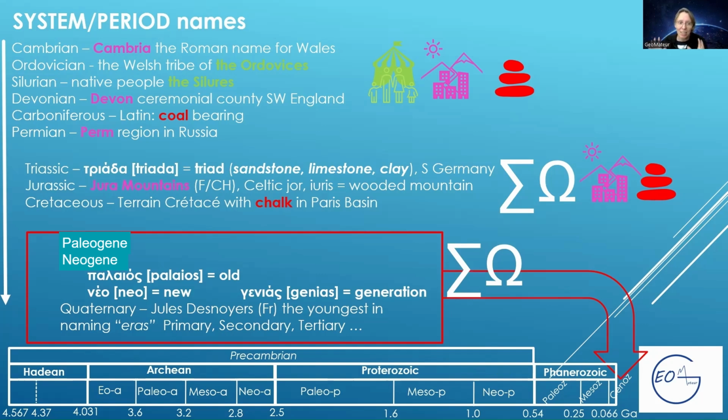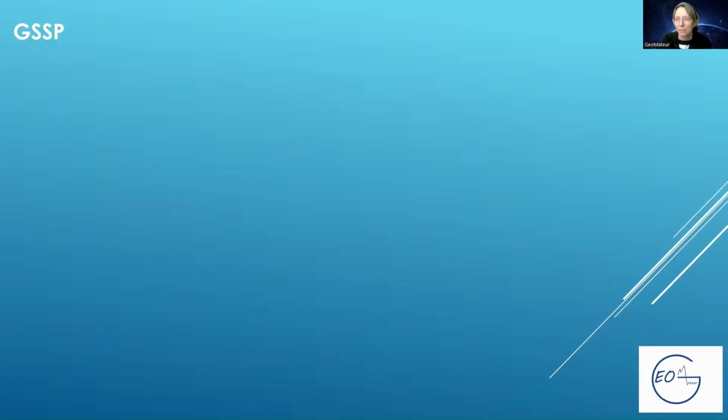That were his eras: primary, secondary, tertiary, and quaternary. I will skip the etymology of the names of series or epochs and stages or ages for now. We'll come back at the end of this video and you will see why.